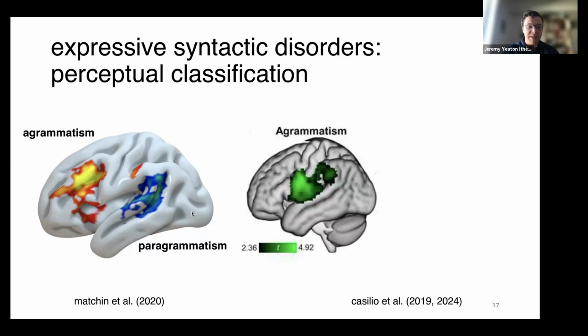On the paragrammatic side, the people that the Matchin paper classified as being paragrammatic had a posterior, mid to posterior temporal lesion. And then Casilio and colleagues weren't classifying people as being paragrammatic per se. They had a broader group of features that they were looking at, one of which was paragrammatism.